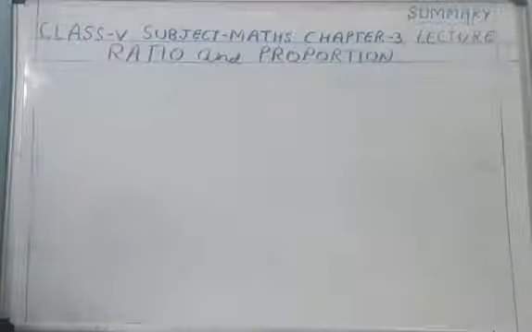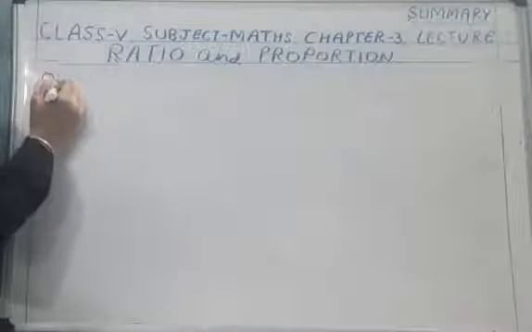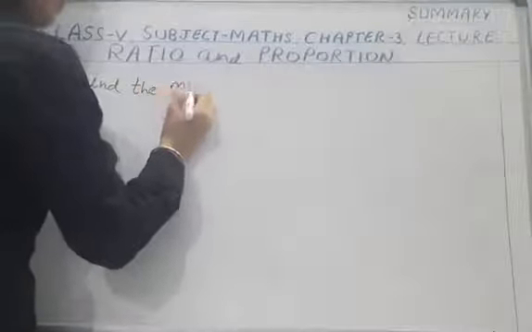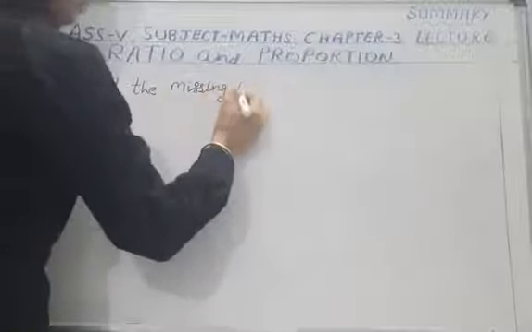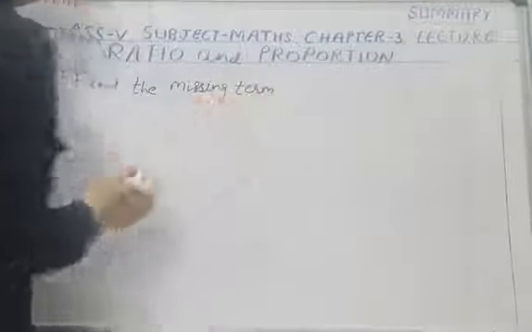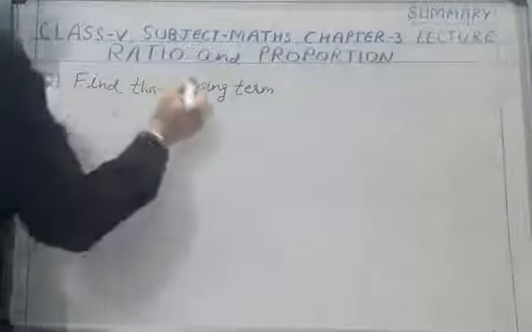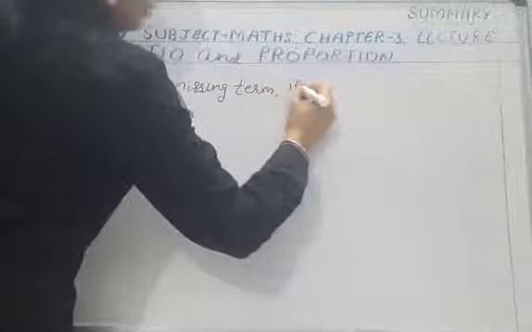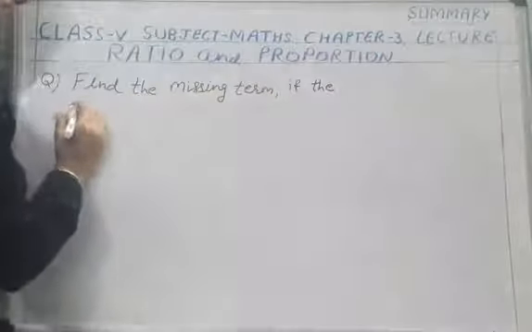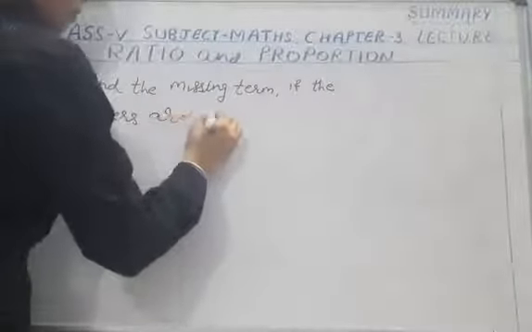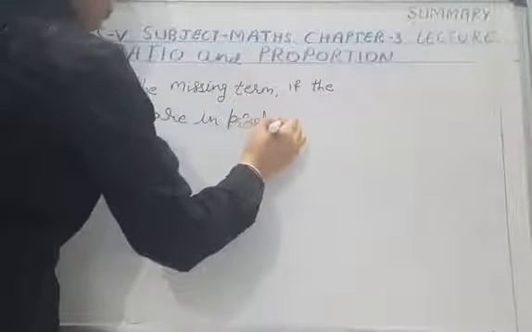Now our next question is find the missing term if the numbers are in proportion. Find the missing term. Condition is there if the numbers are in proportion. Only if the numbers are in proportion can we find the missing term by following our rule.